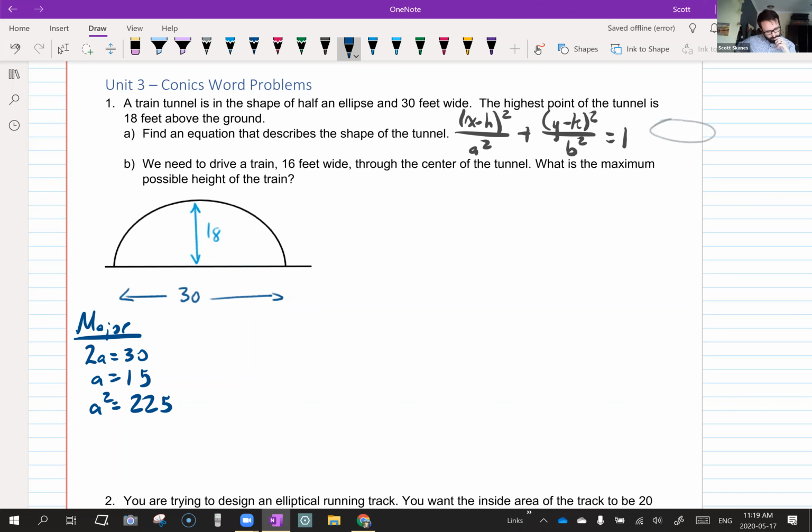Actually, in this case, this looks like the longest axis would be the other way. It would, yeah. This diagram is broken.